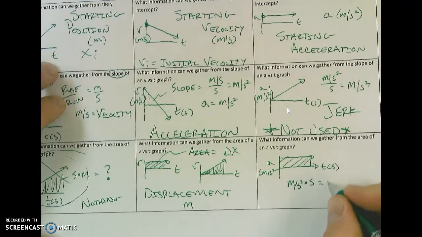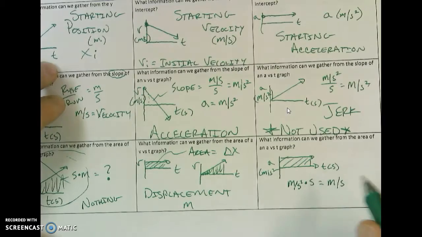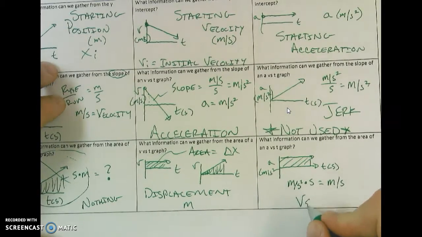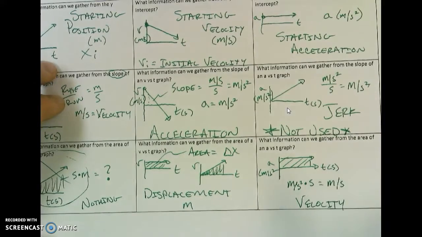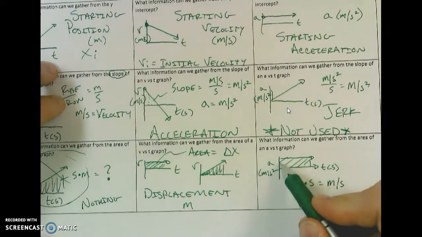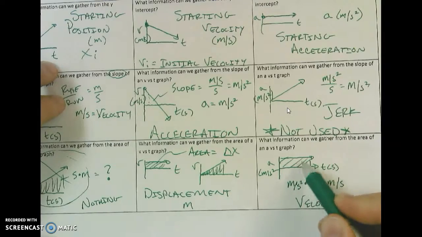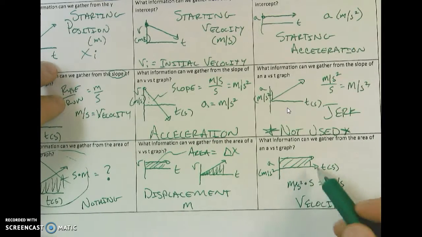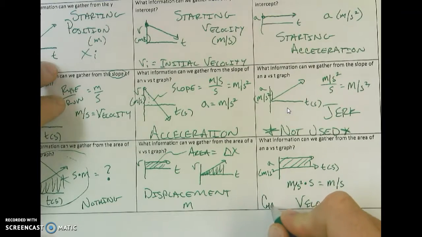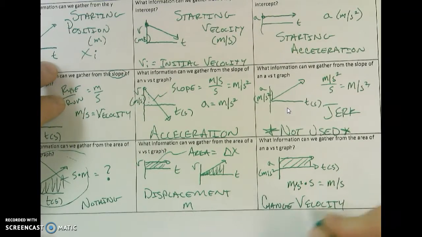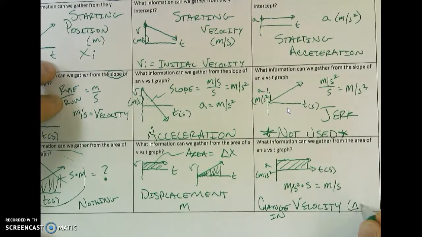That would leave me with meters per second, which is a form of velocity. And actually, in fact, if we're looking at the change in velocity, this area would be what it would be showing. So change in velocity, okay, or delta V as we use it.